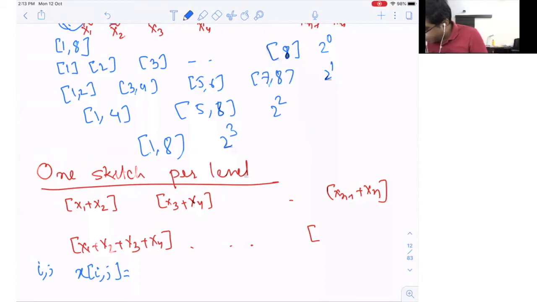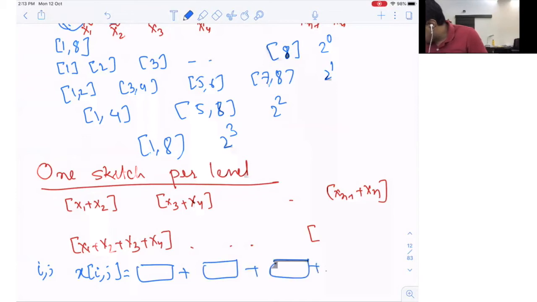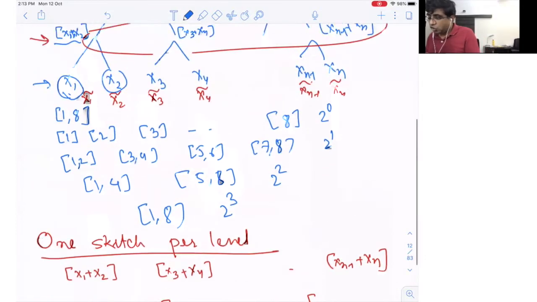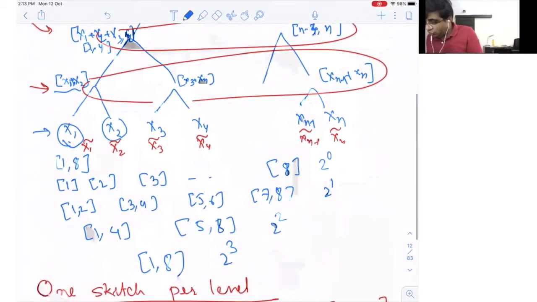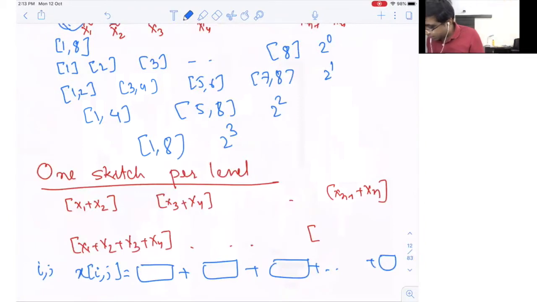I will write it down as a disjoint union of dyadic intervals. Or think of it this way: you have somehow maintained access to all these distinct sums, and you are writing xij as a summation of these distinct sums.